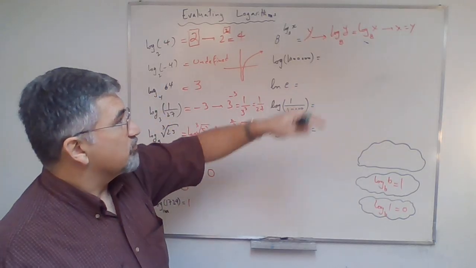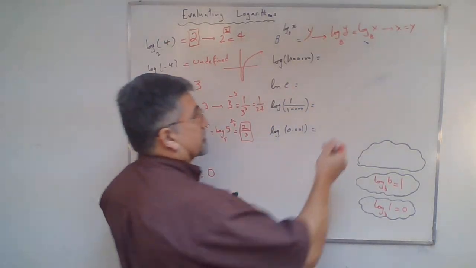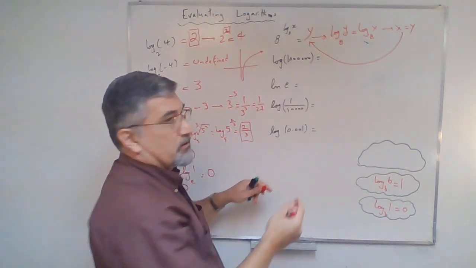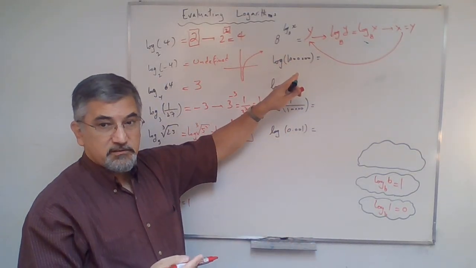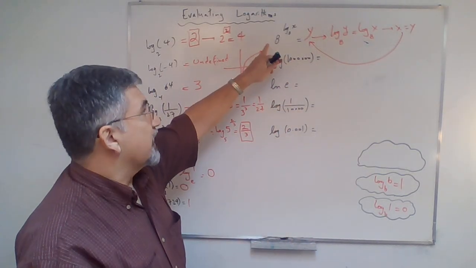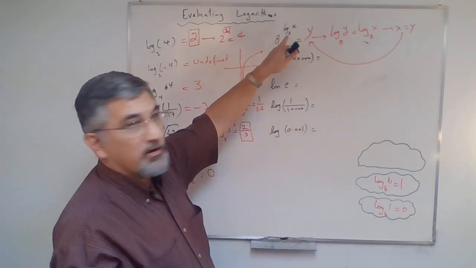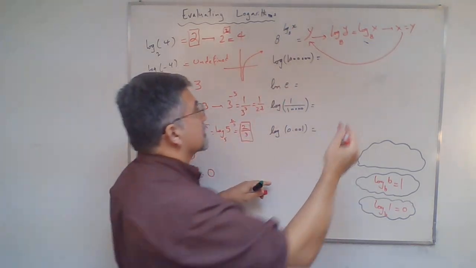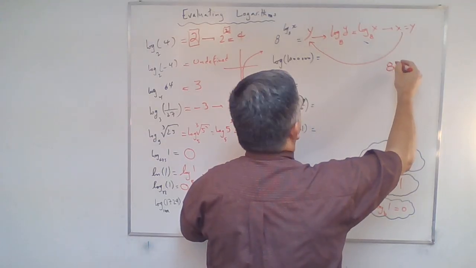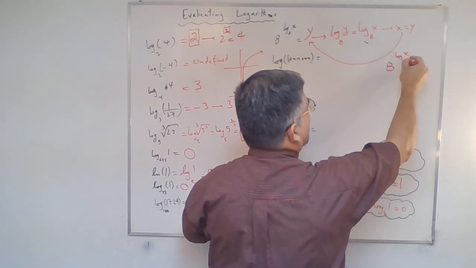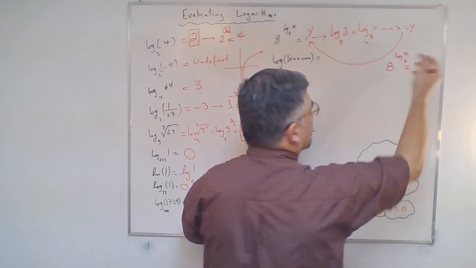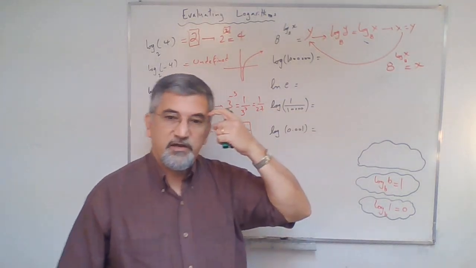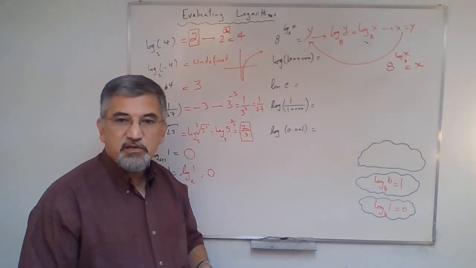So when we say x and y are equal to each other, let's go back and start from here. y is equal to x, we just figured out. That means that 8 to the exponent of log x base 8 is actually equal to x itself. Now, instead of 8, we can have 9, we can have 10, we can have 10 million. It doesn't matter.